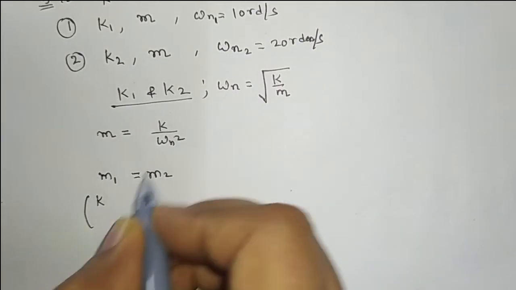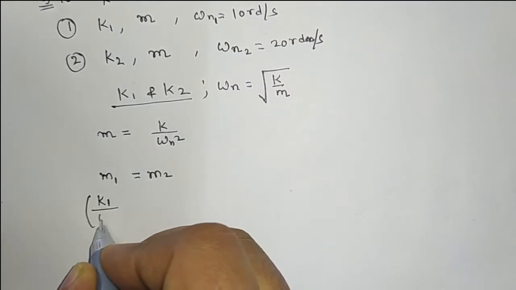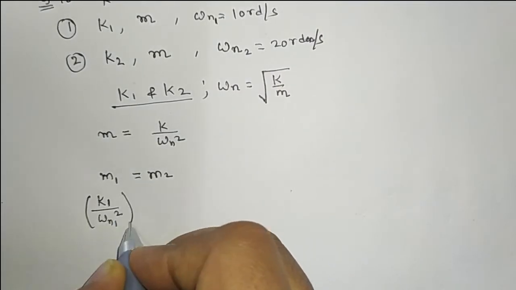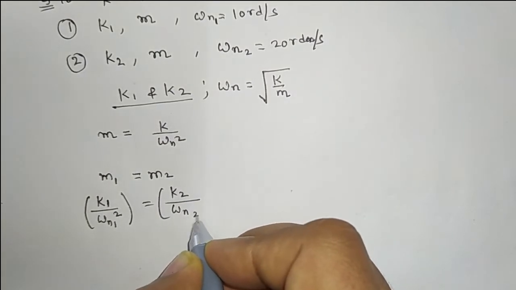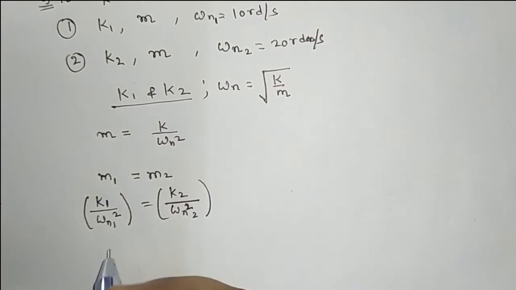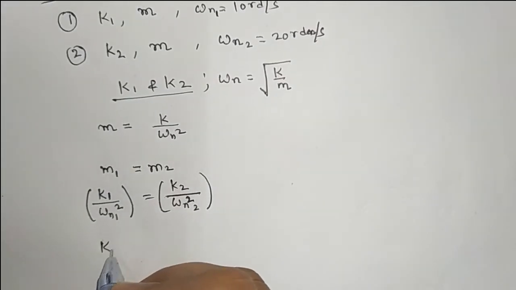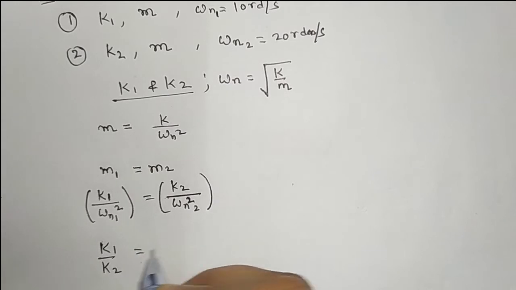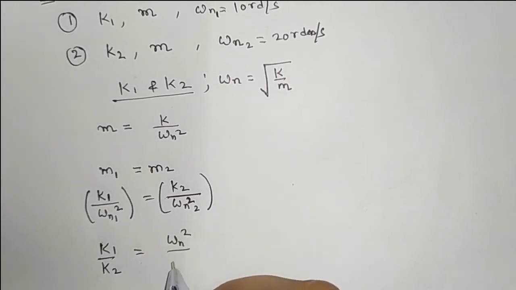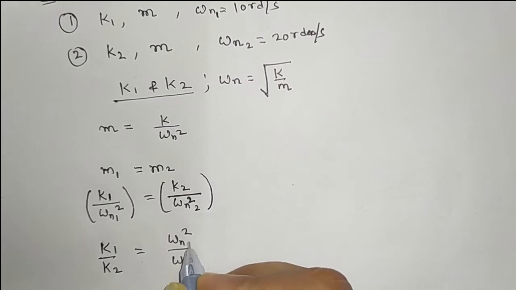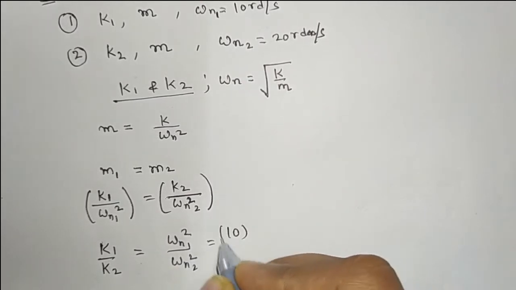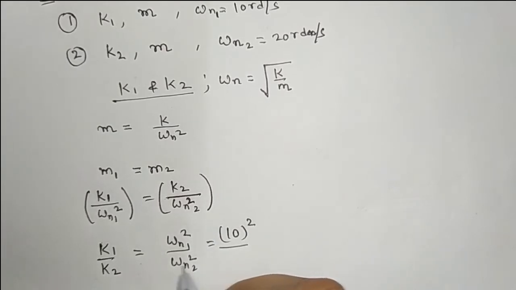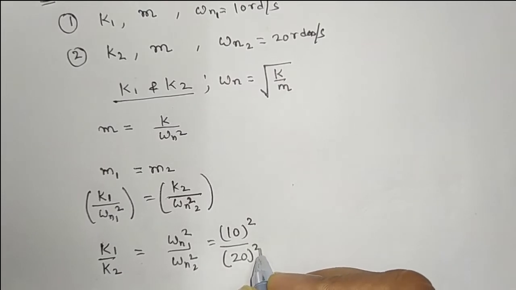So by this formula, K1 by omega n1 square equals K2 by omega n2 square. We know K1 divided by K2 will be equal to omega n1 square divided by omega n2 square. We know the value of omega n1 is 10 whole square, and the value of omega n2 is 20 whole square.